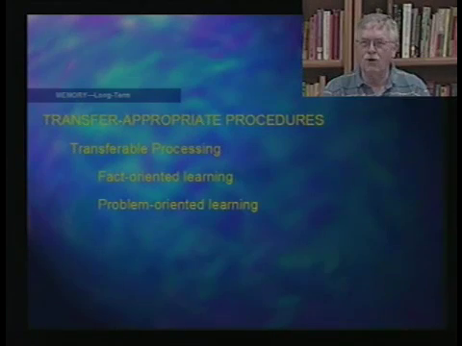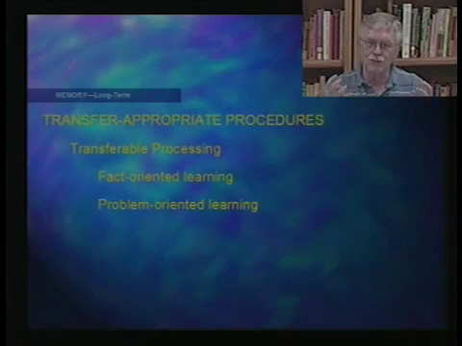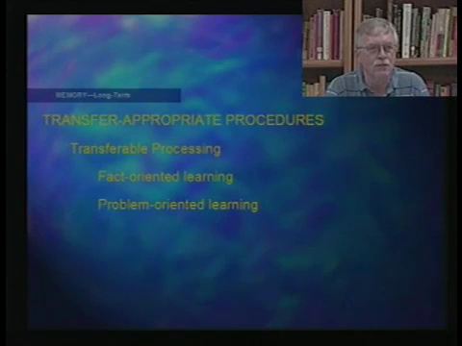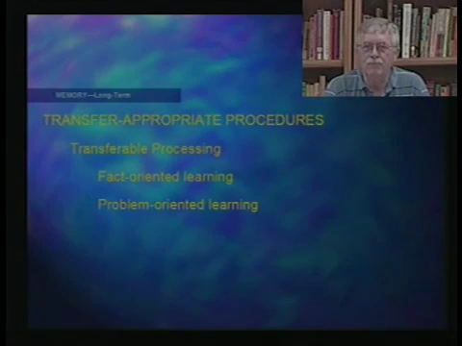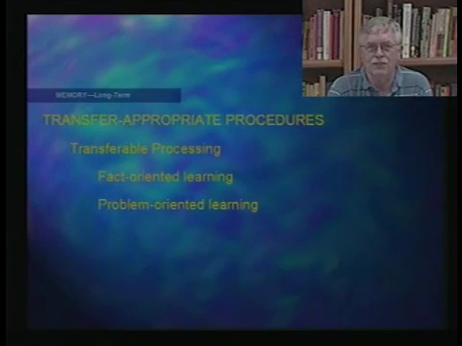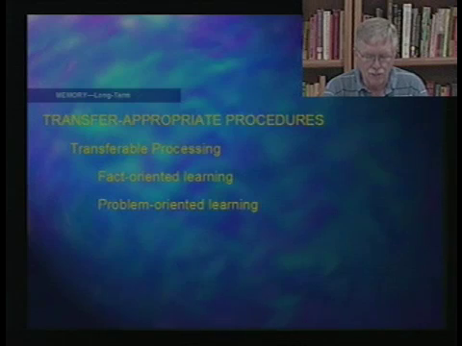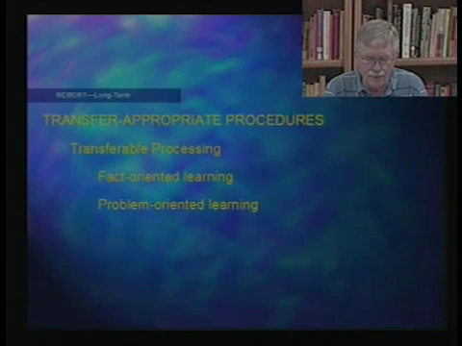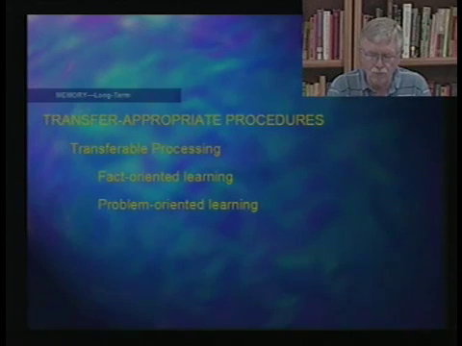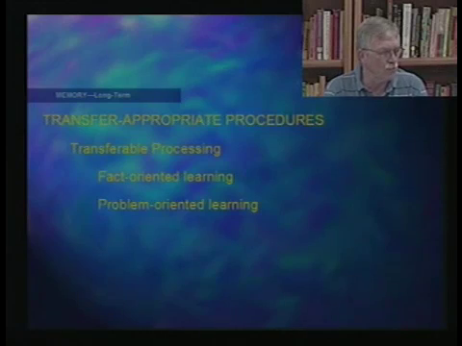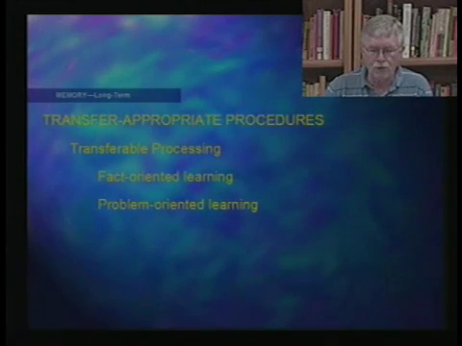As you think back to all the different things you've learned and the relationships between them in that history course, prepping in that way with the idea of problem solving using the information is going to be very different than if you're simply taking a 50-item multiple choice test on that same information. So in essence, the evidence does support the wisdom of this distinction between fact-oriented as opposed to problem-oriented learning.